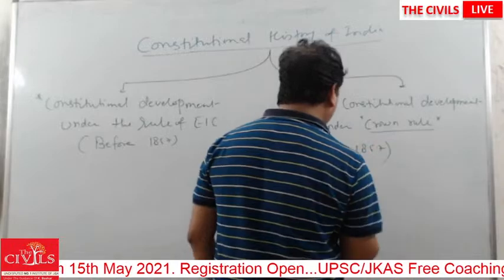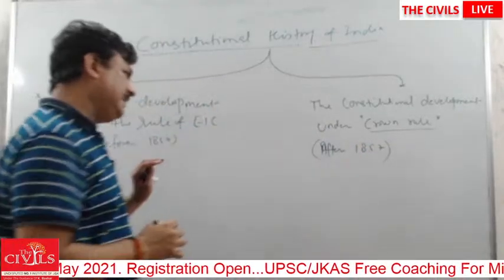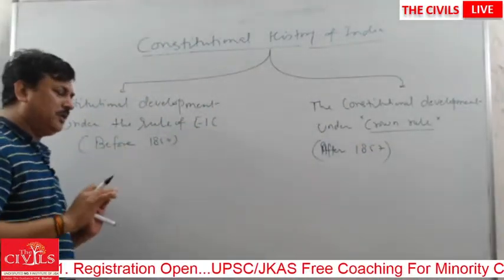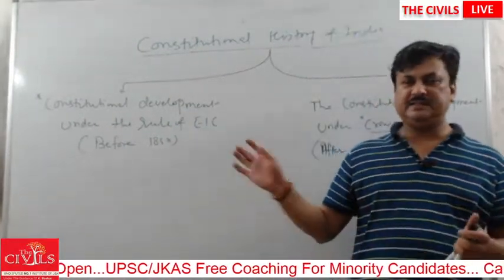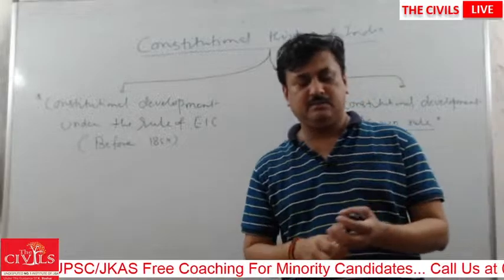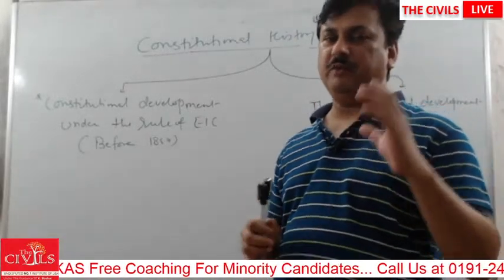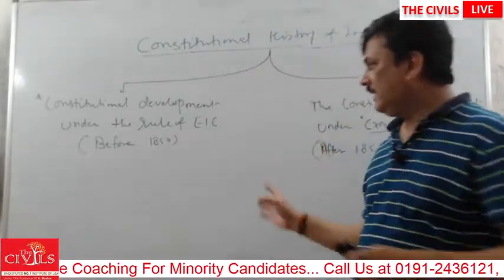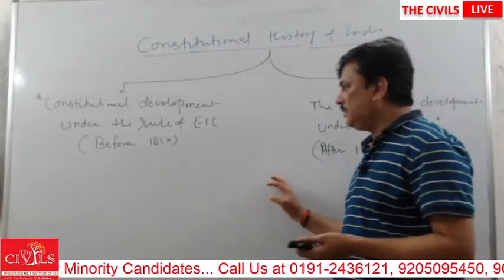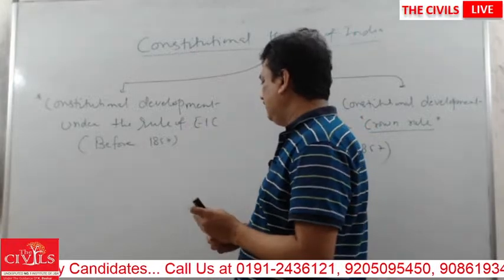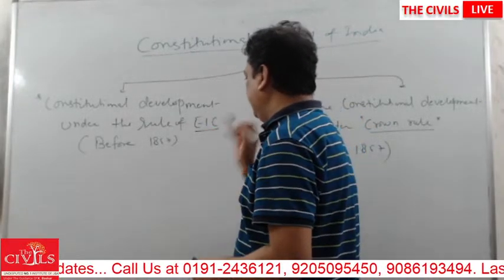1857 is a very important year in the history of India, because this was the year when the Sepoy revolt took place. Before the Sepoy revolt, India was ruled by the East India Company.